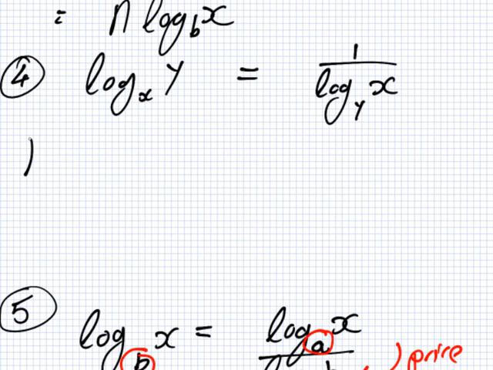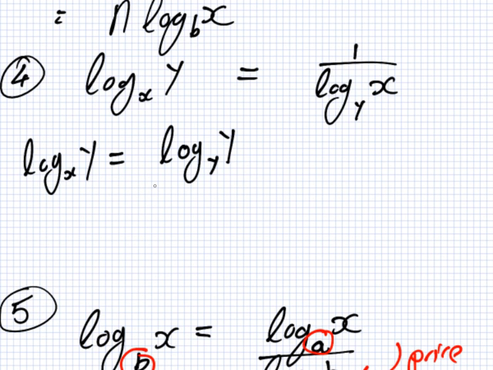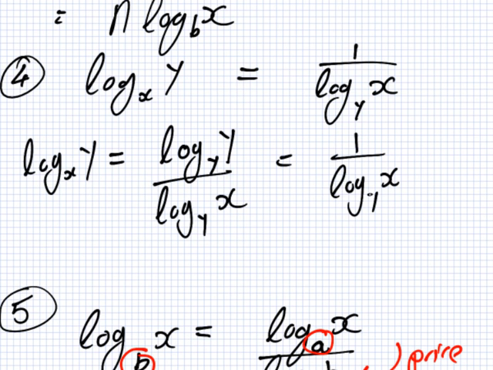So if you want to use rule 5 to prove this, you change it to the new base. So what's the new base? y. And then you divide by log of the old base. But what's log base y of y? It's 1. So you can see that by using 5, you can easily get 4. Yeah?